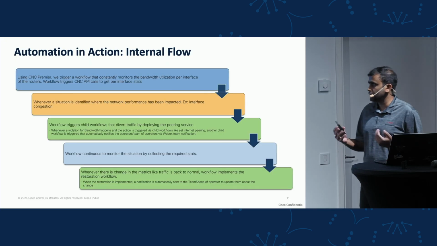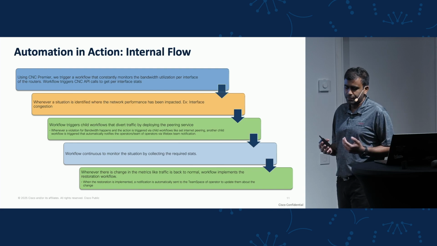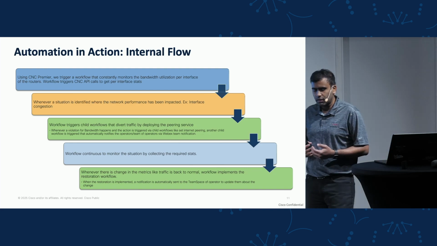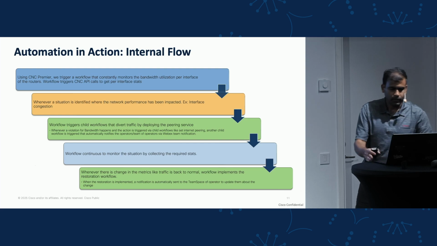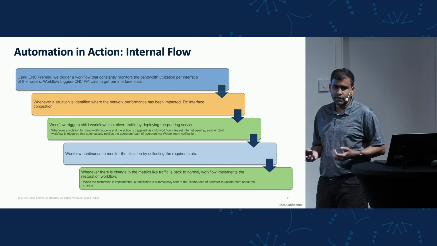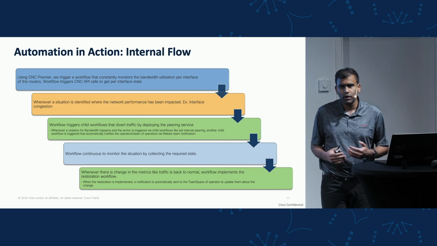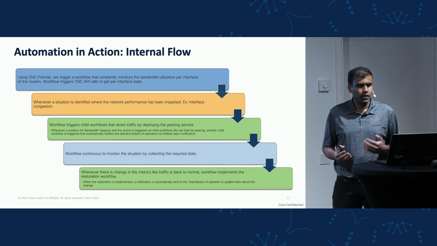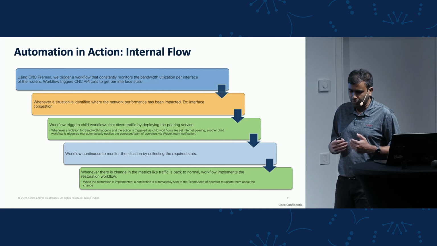Whenever a situation is identified, like an interface drops or interface congestion happens and network performance is impacted, in this case it would not raise an alarm, but it would trigger a child workflow which would go ahead and set the peering service from the NSO, and just push it.